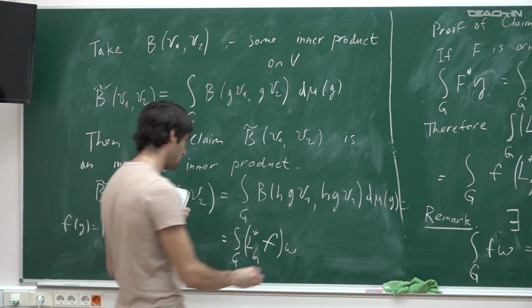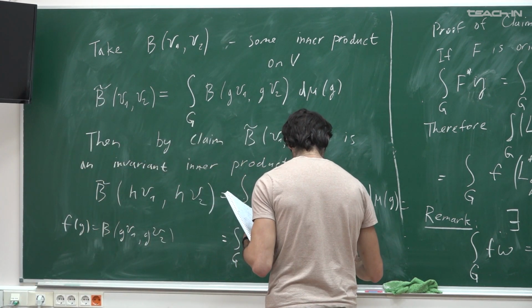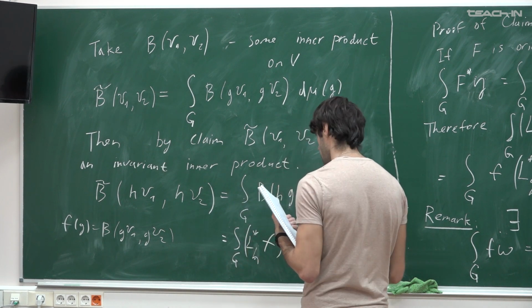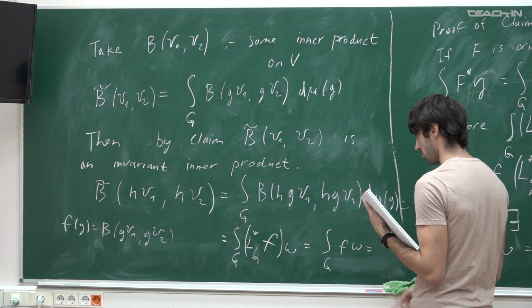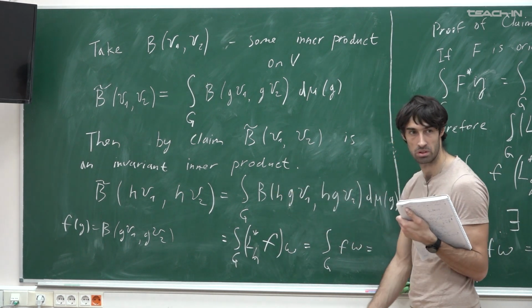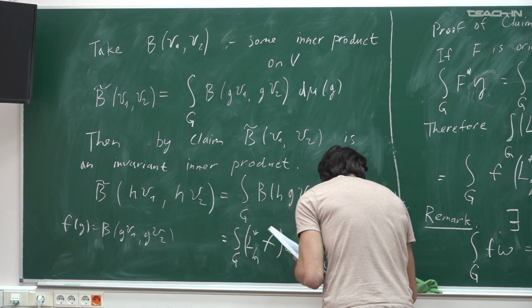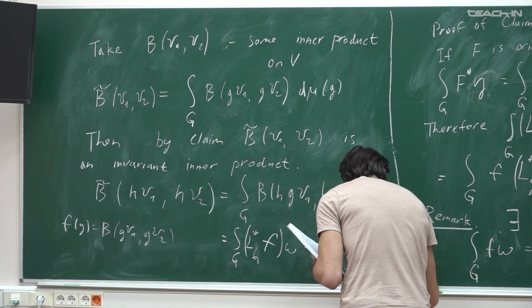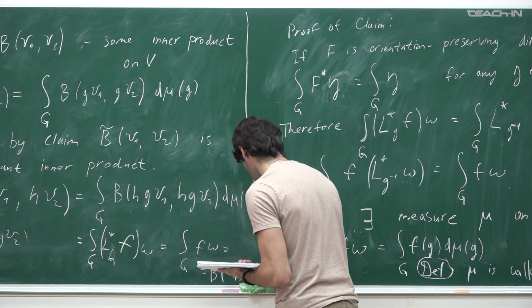But we checked that this is the same as the integral over G of f omega, which is just B tilde of v1, v2. So this is the end of the proof of the theorem.